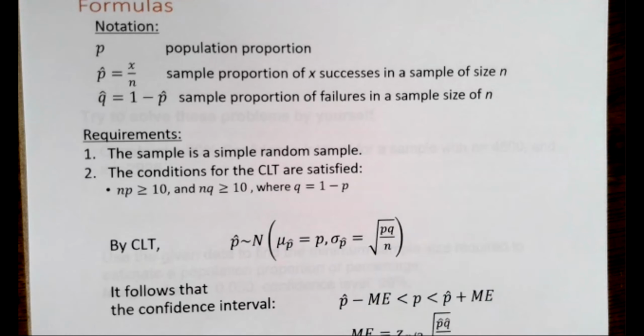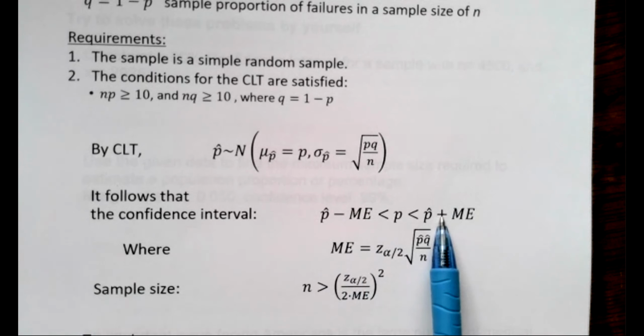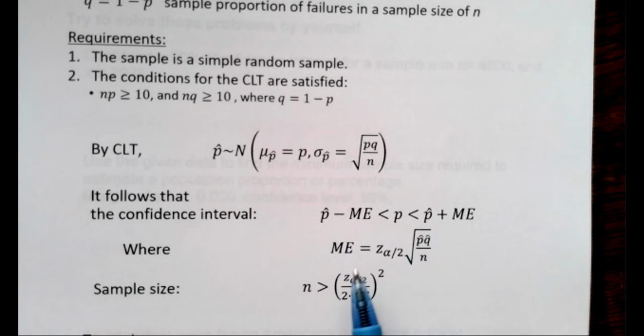The same way we build it for the mean, only the margin of error will be calculated using this formula: your critical value multiplied by the square root of p hat q hat divided by the sample size.